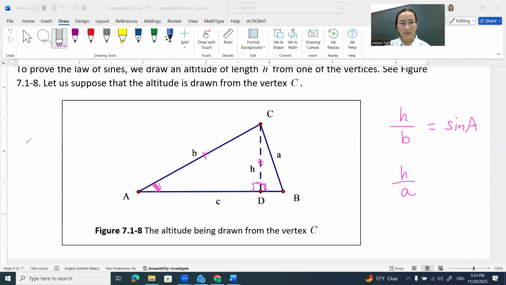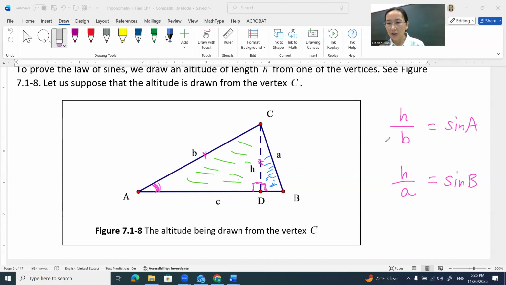So the first triangle is this, and the other triangle is this. I have two right triangles. On the left right triangle, I get sine A, and on the blue right triangle, H over a equals sine B. So the two right triangles, based on the definitions of sine A and sine B, give us this.